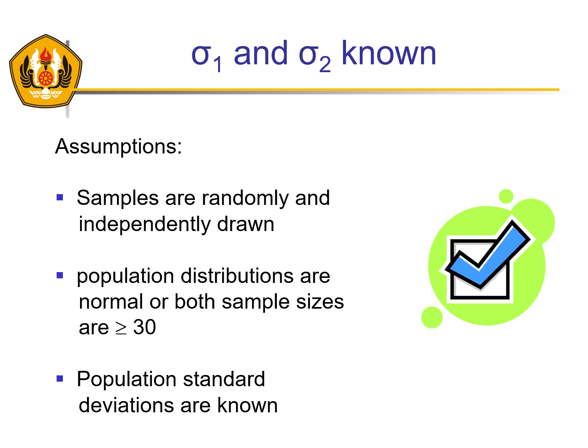Then another assumption is that the population standard deviations are known. This is for the first type of hypothesis testing.